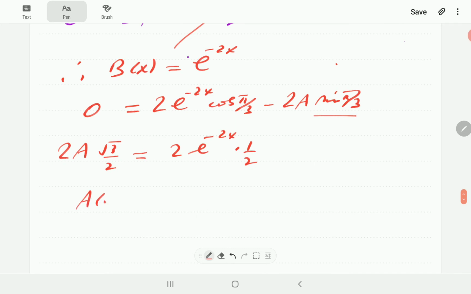So this is telling us that a of x is going to be, this cancels out, that cancels out, 1 over root 3 e to the minus 2x.